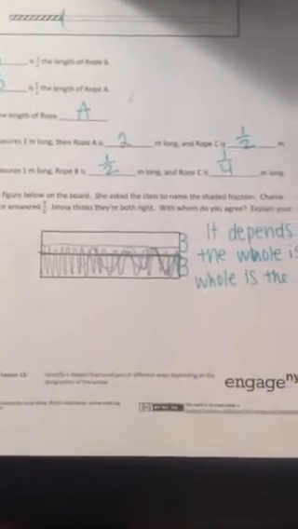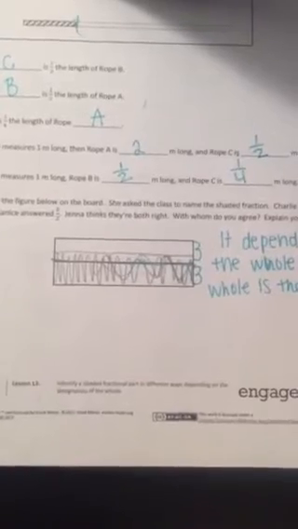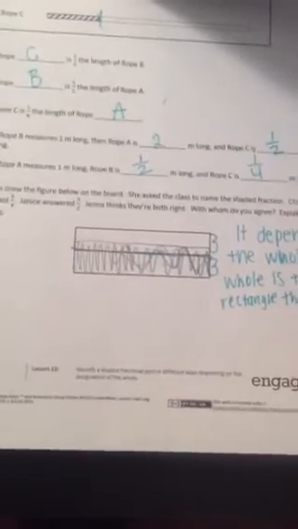We'll say if it's the large rectangle, the whole rectangle. If the whole is the large rectangle, which means this whole box, then 3/4 would be correct because we could split this into 4 equal parts.